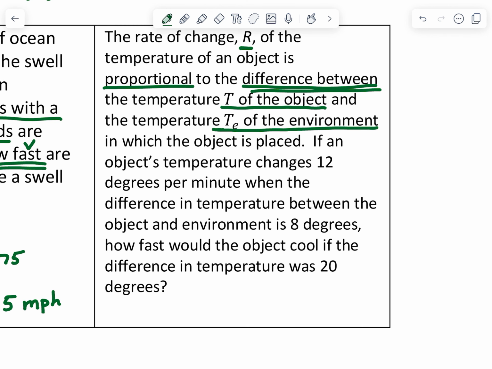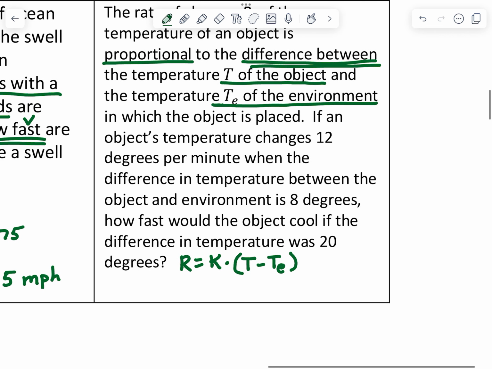So remember, that would be the rate of change R is directly proportional to, times, the difference between T and T sub E. So we can find k by doing R divided by T minus T sub E.